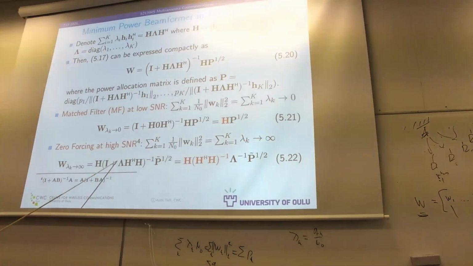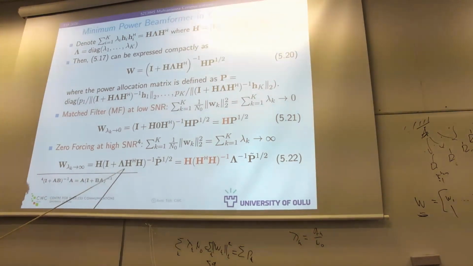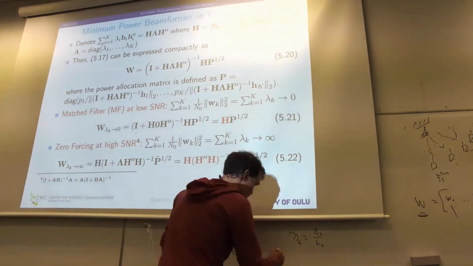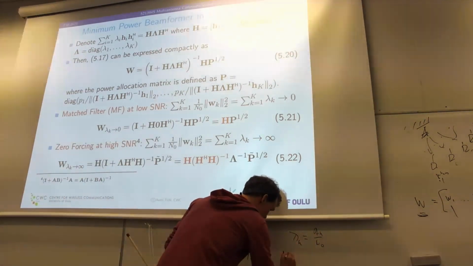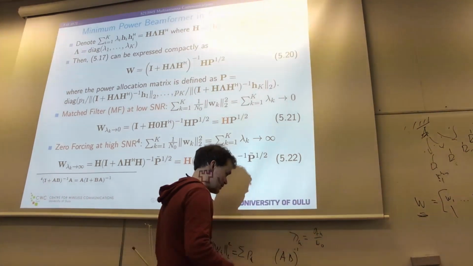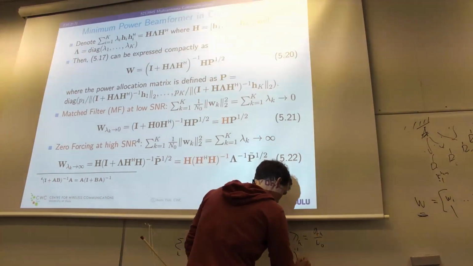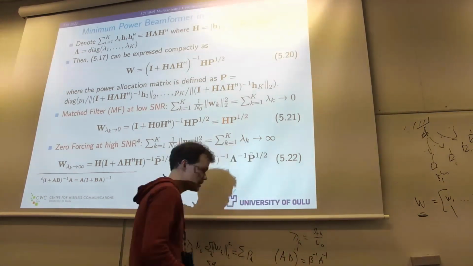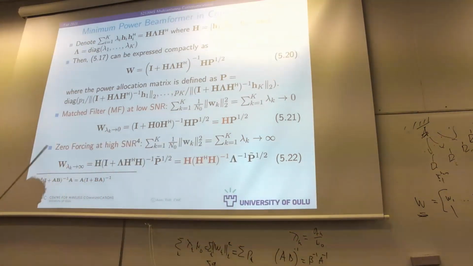Now we have an inverse of lambda times this matrix. So we can use another inversion rule, which holds for square matrices, right?